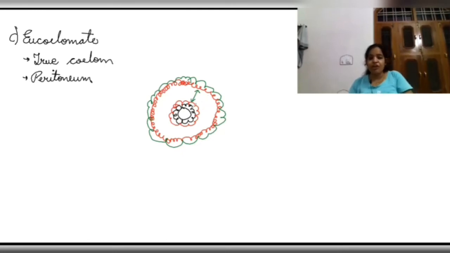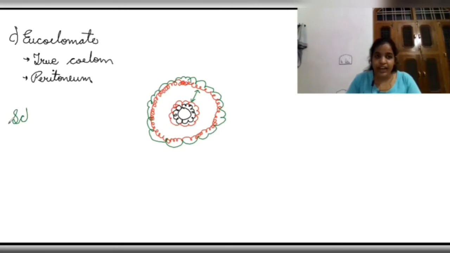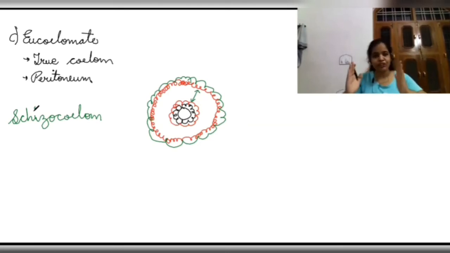Now the cavity formation is further of two types and hence the classification is done. First one is schizocoelom. Again the terms are important actually. So first we have schizocoelom. Here, the cavity is formed by the splitting of mesoderm. Mesoderm layers are there like this and they will split to form the cavity. When the mesoderm splits to form the cavity, the cavity formed will be known as schizocoelom.